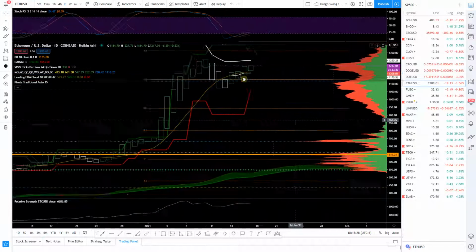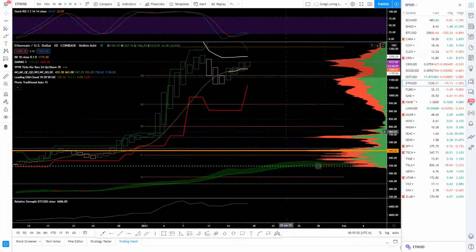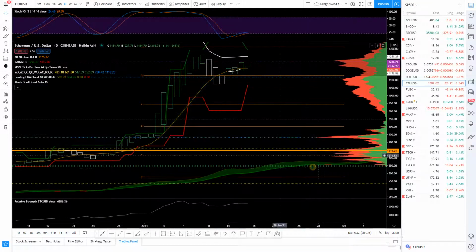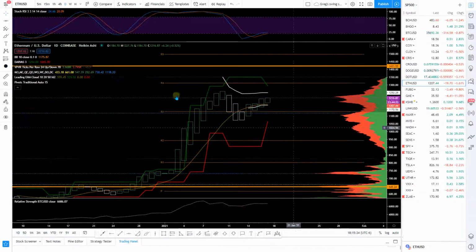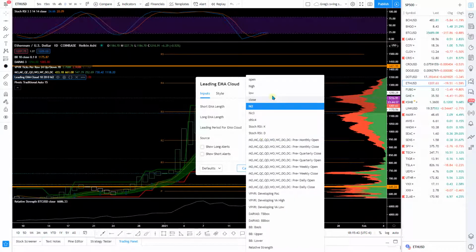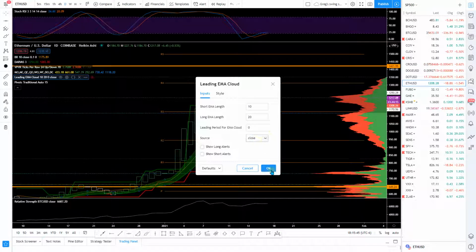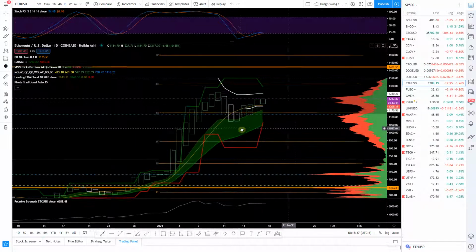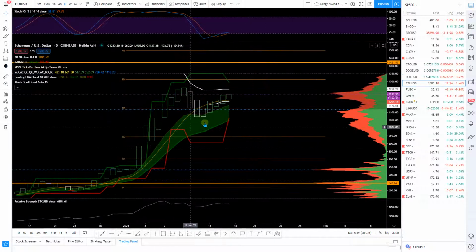Look how it'll push that far, like 50 periods ahead, kind of like an Ichimoku cloud does. But I just use it for just a 10/20 cloud. Very simple. And just use it for close. I don't know why that was on HL2, but that'll give you a nice support to kind of follow.